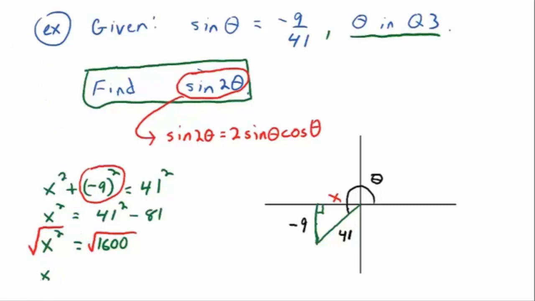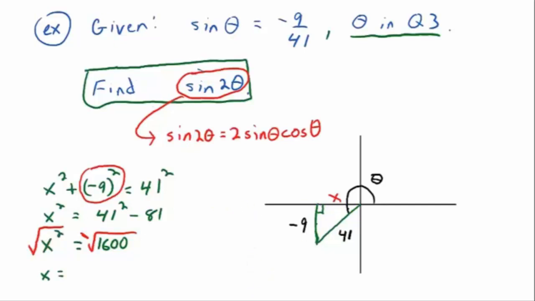Now, this is one situation. Remember when you solve equations like this, how you put a plus or minus right here in front of the radical? In this situation, we actually have to put just a minus, because x is in the third quadrant, I know it has to be negative.